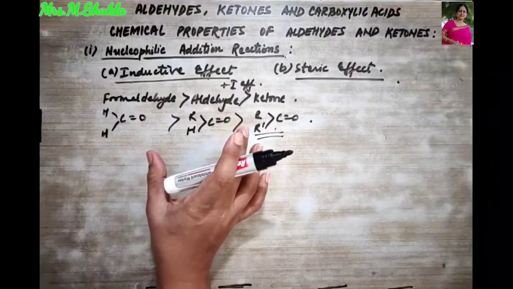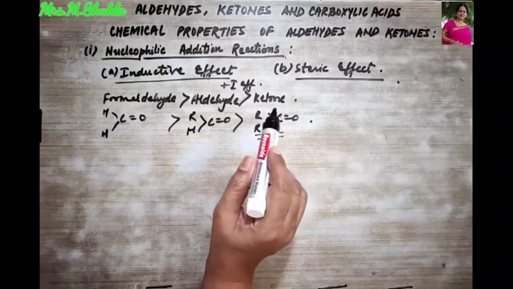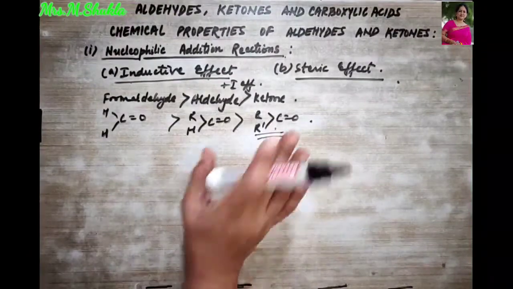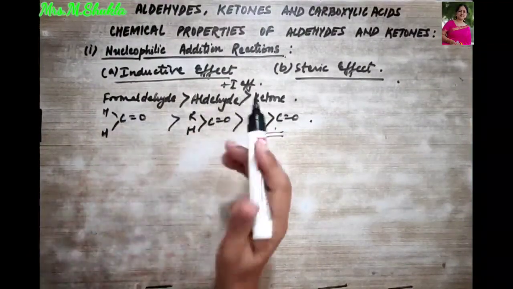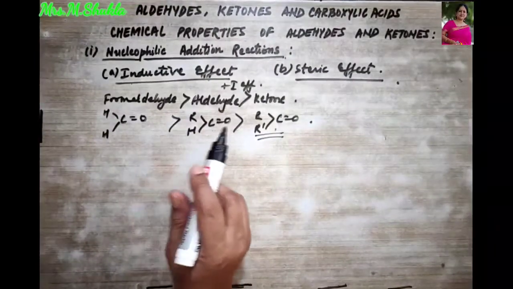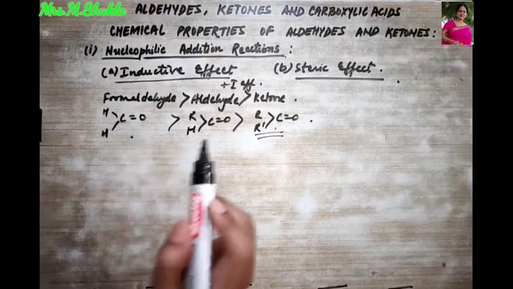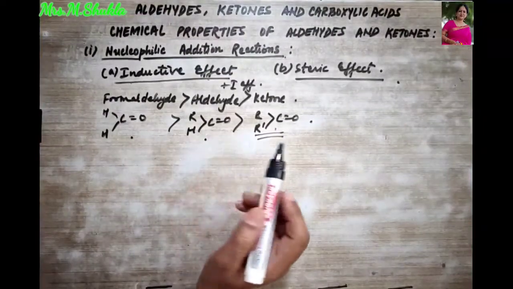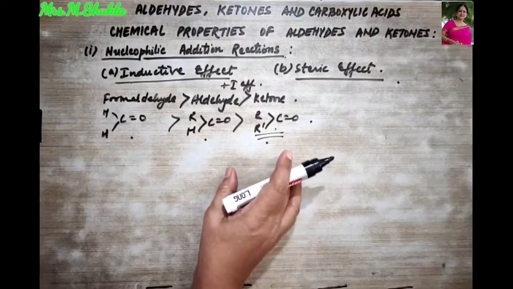Therefore, due to the presence of too much bulk of the alkyl group, ketones are less reactive than the aldehydes, right? And we can say thus the reactivity of formaldehyde is more than acetaldehyde, which is still more than your ketones. I hope this point is clear.